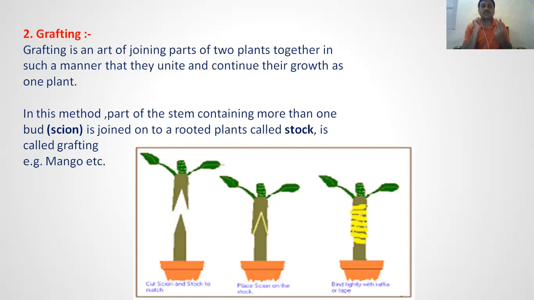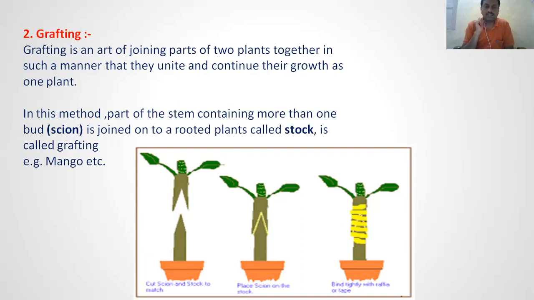Means two different plants are joined together and continue growth as one plant. This method is also an artificial, man-made technique.